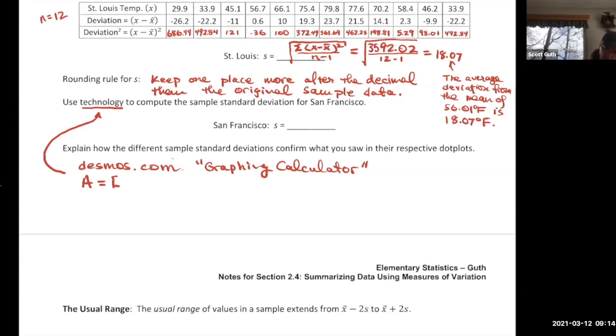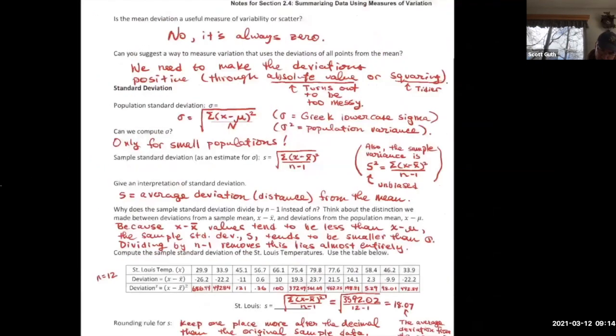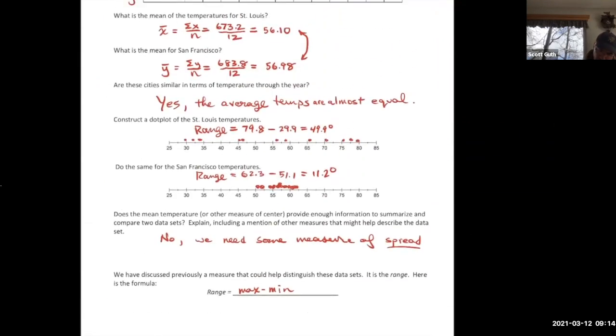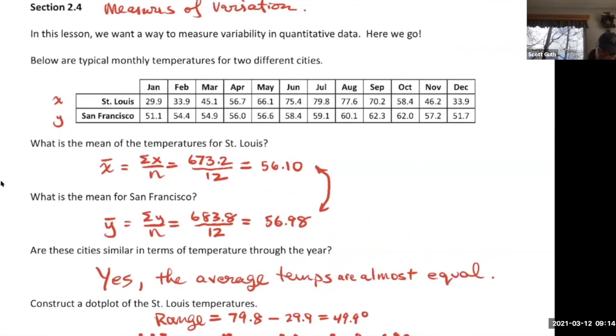Okay, so we're doing the San Francisco temperatures. So let me find those real quick. Okay, here's the San Francisco. So they are 51.1, 54.4, 54.9. I'm going to do comma and then dot, dot, dot, comma, last one, 51.7.